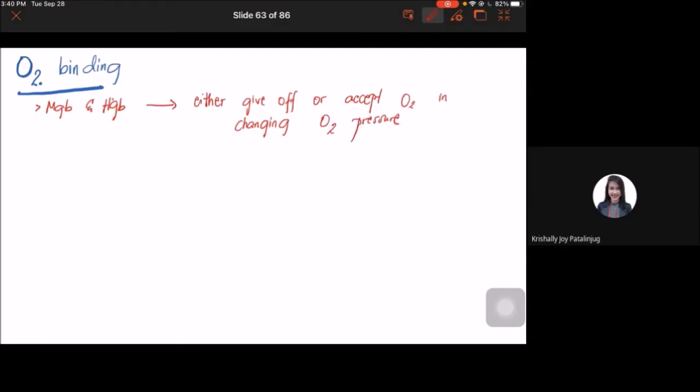So I repeat, with myoglobin and hemoglobin, they either give off or accept oxygen in changing oxygen pressure. So the point again is that hemoglobin has the capability to either give off or accept oxygen, depending on the abundance of oxygen in the surroundings.